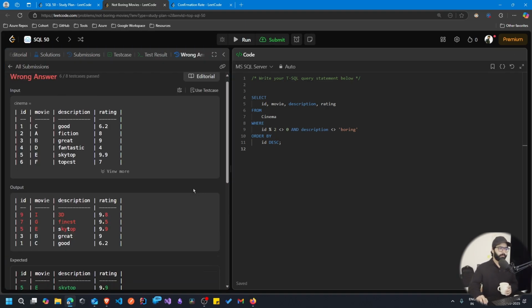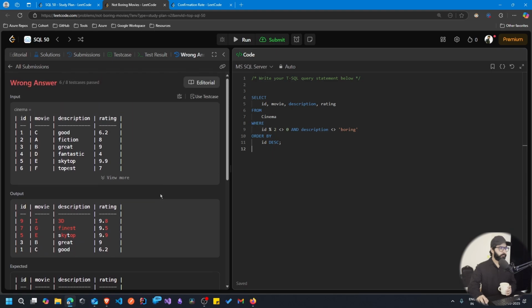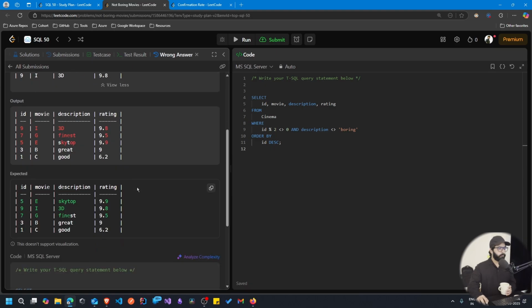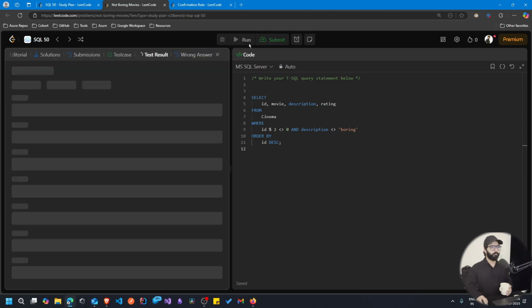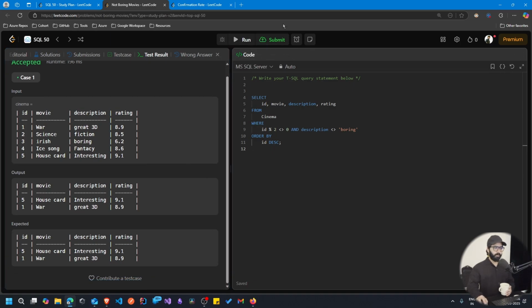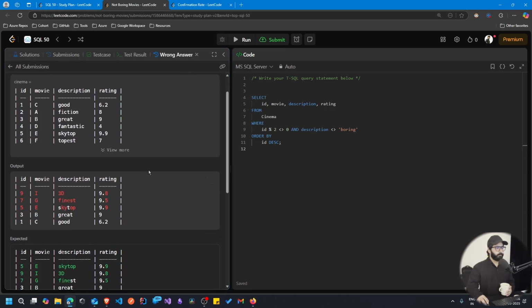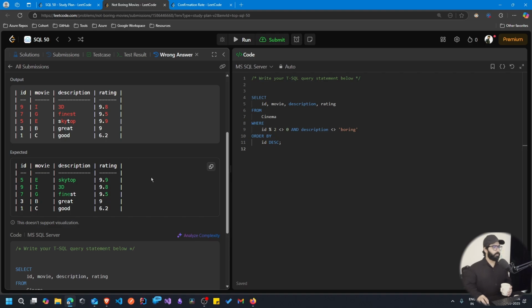Wrong answer. What is that? It's showing me accepted when I was trying to submit. It's giving me wrong answer. Let me check.